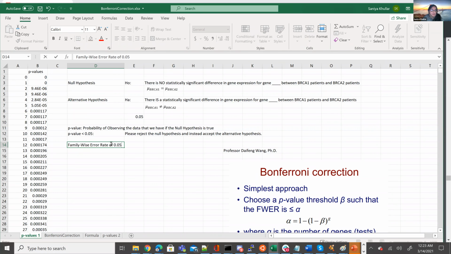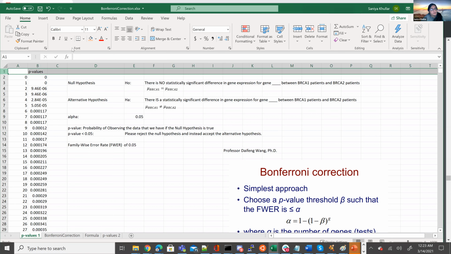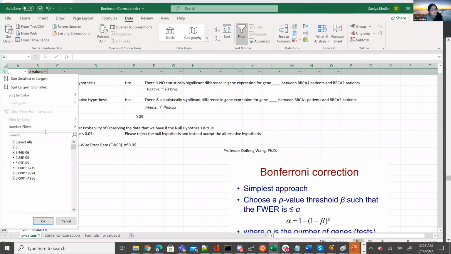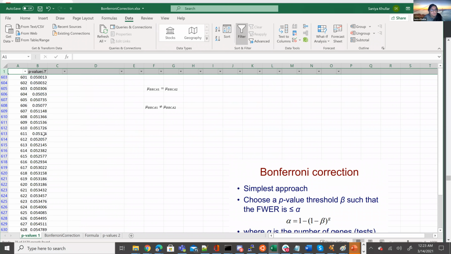Our alpha is 0.05, and we typically say if our p-value is less than 0.05, we reject the null. But the fact is that we're doing so many comparisons, and that's why we have to make some adjustment, because we're going to get a lot of these to be significant when they might not really be significant. So it's a hypothesis correction that we need to do.